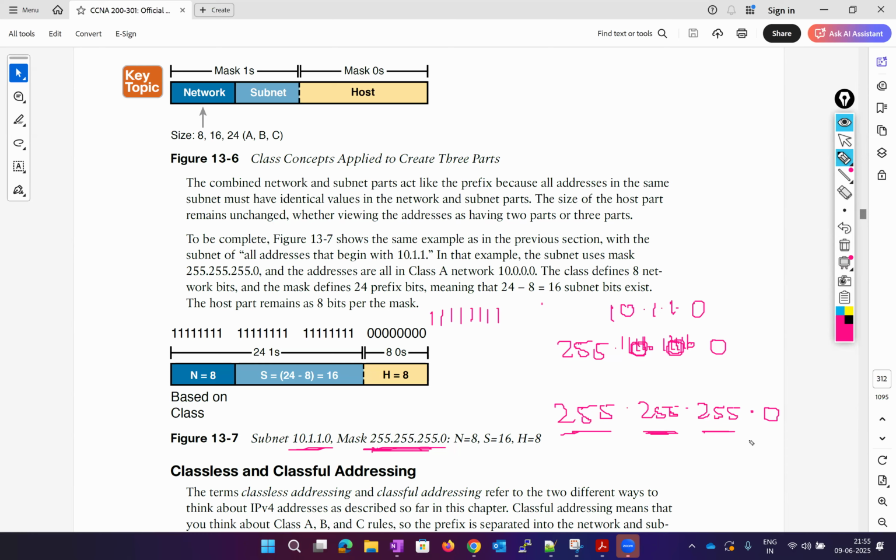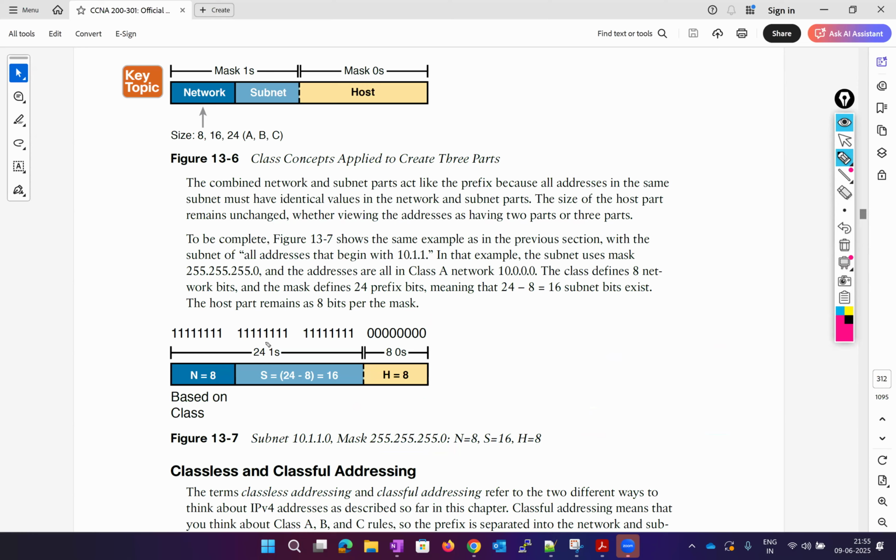The number of zeros that you converted is called the subnet bits. Here in this example, we borrowed 8 plus 8, 16 bits of zeros, and converted them into ones. That is why the subnet bits is 16.